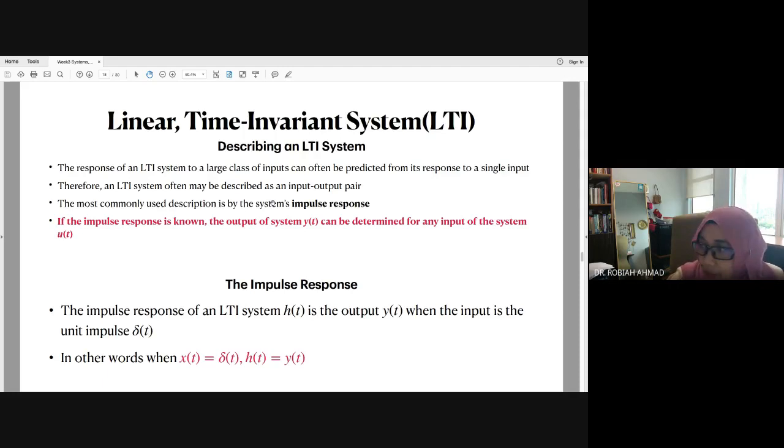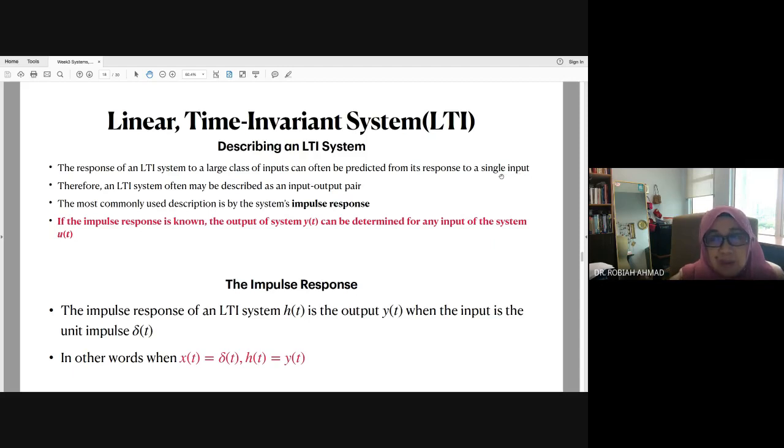Okay. The response of an LTI system to a large class of inputs can often be predicted from its response to a single input. That is why, because if we have an LTI system, if we have an input, kita boleh menggunakan dia punya properties tu to predict what is the response, ataupun what is the output, based on whatever input that we put into this LTI system.